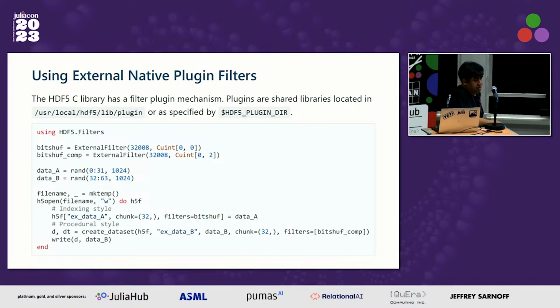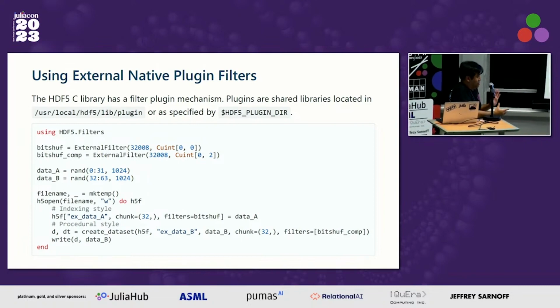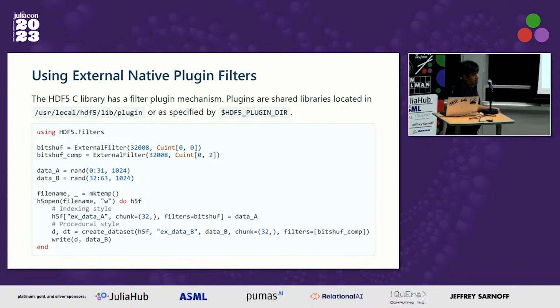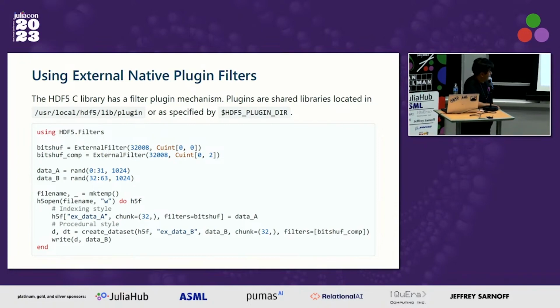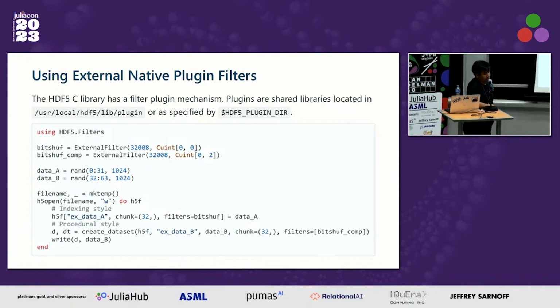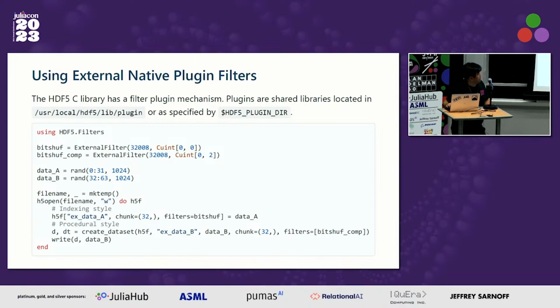HDF5 also has a mechanism to say that it couldn't do it and just fail, but it'll indicate the state of the data in that case. But this means that you have a multitude of options to use external codecs or internal codecs for that matter.